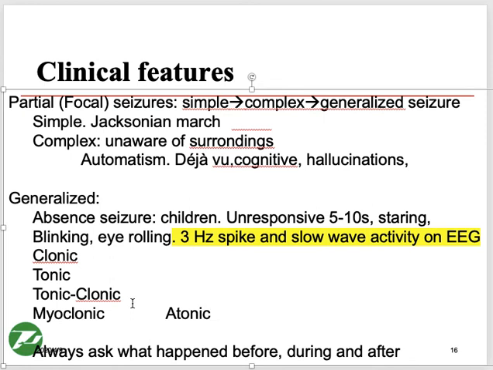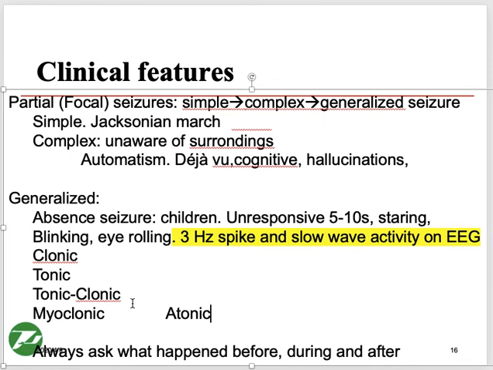Now, there is something called temporal lobe epilepsy. In the temporal lobe there are many centers, like your olfactory center and your gustatory center. So temporal lobe epilepsy is suggested when the people have an aura.